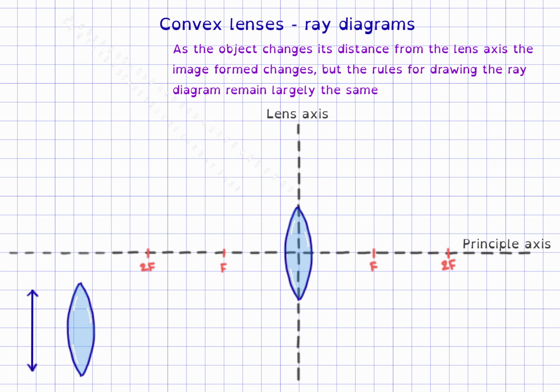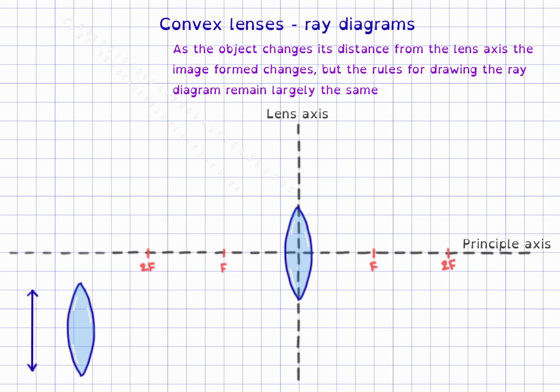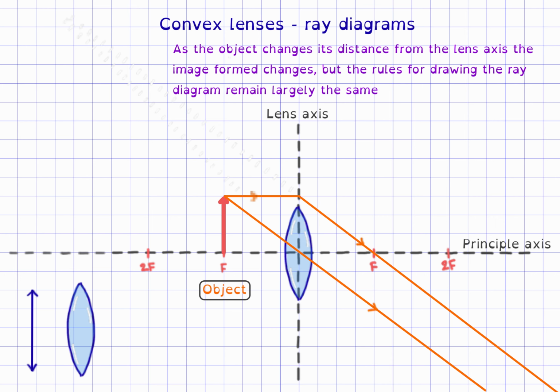For an object between 2F and F, follow the same procedure to draw the ray diagram, and the image that you get is inverted, magnified, and real. For an object at F, the rays do not meet, so no image can be formed.